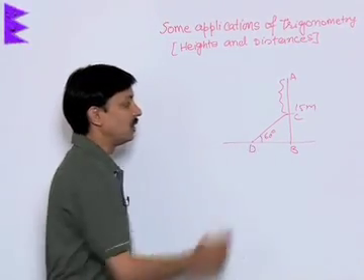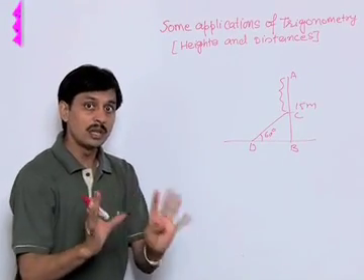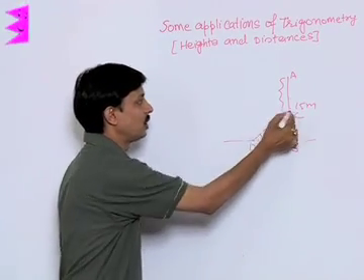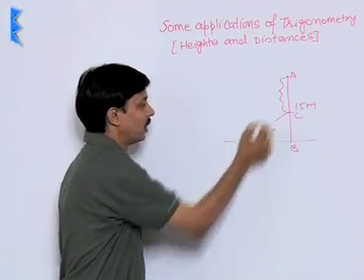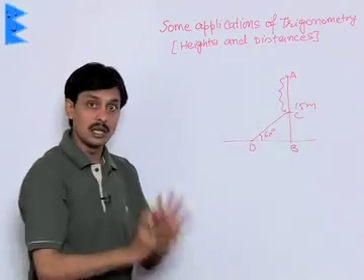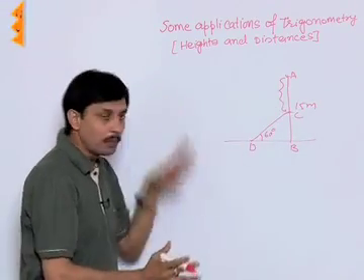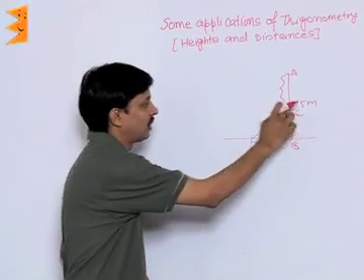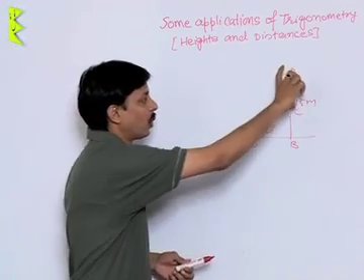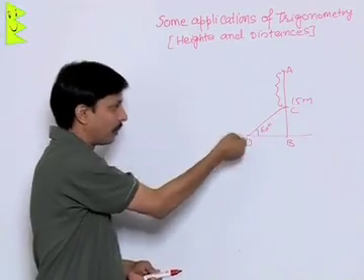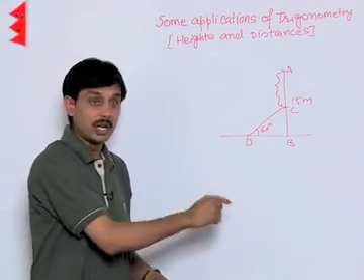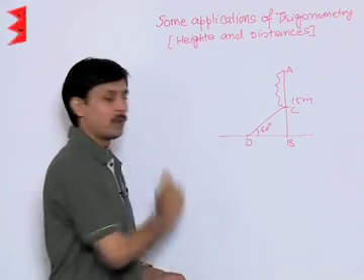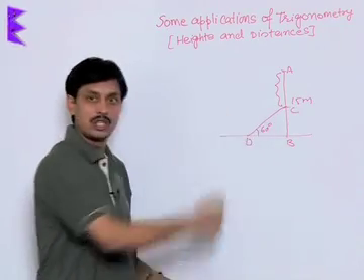This point is D. One thing must be very clear: CD and AC are equal, because the tree is broken by the wind at point C, and the broken part AC comes into the shape CD, touching the ground at a point D, making an angle of 60 degree.